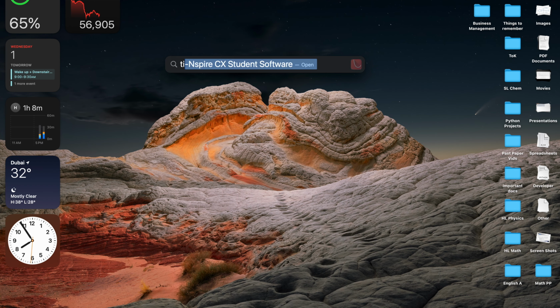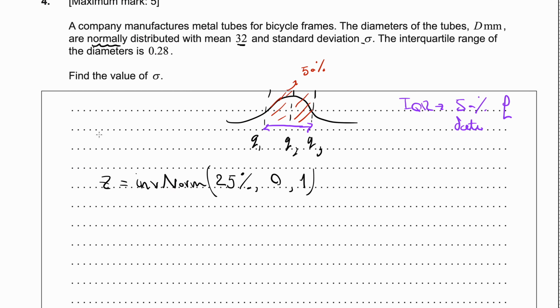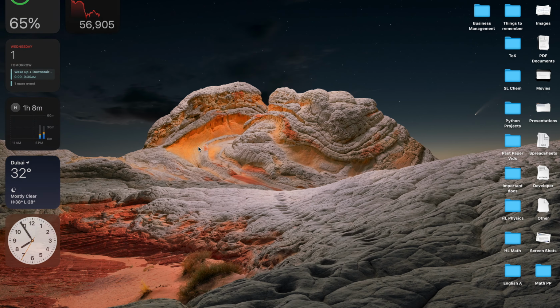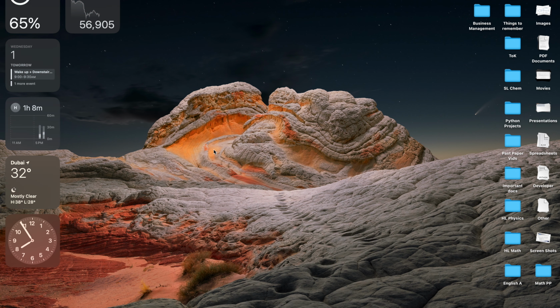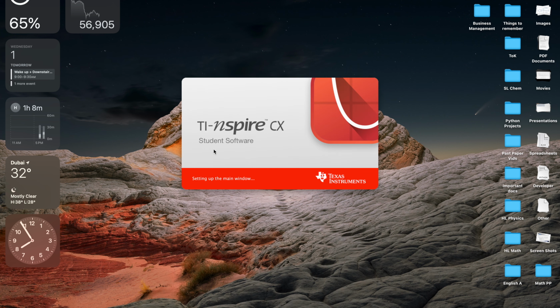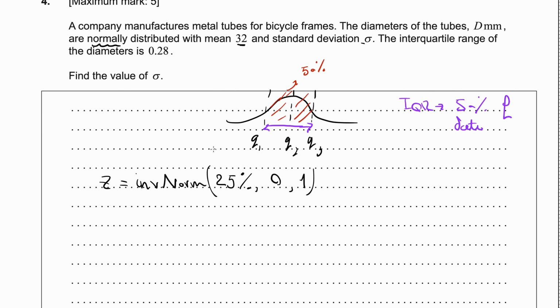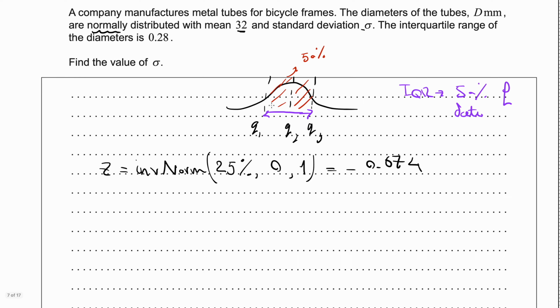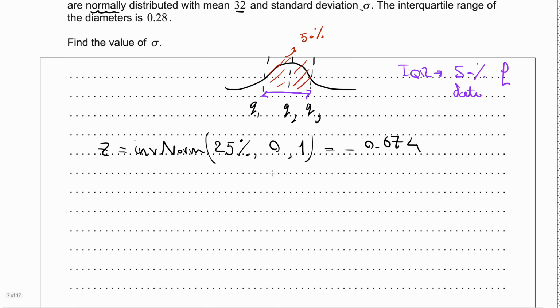I just entered my values on my GDC and I got a value of negative 0.674. So this is the z-score from Q1 to Q2.